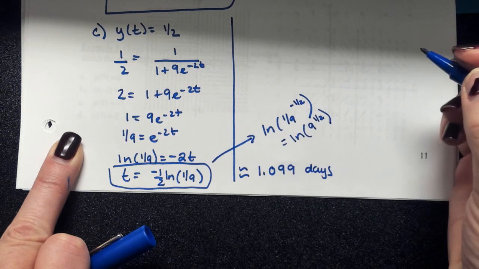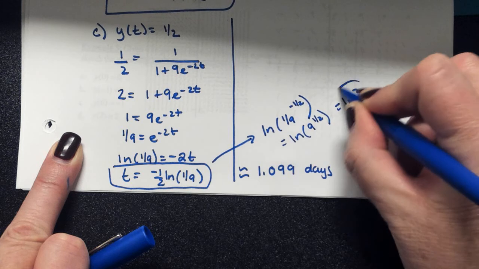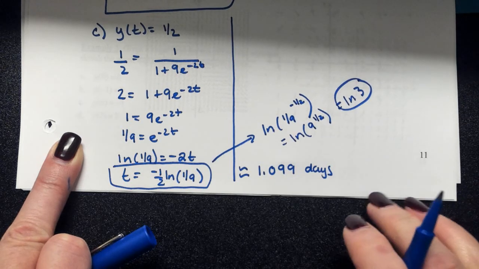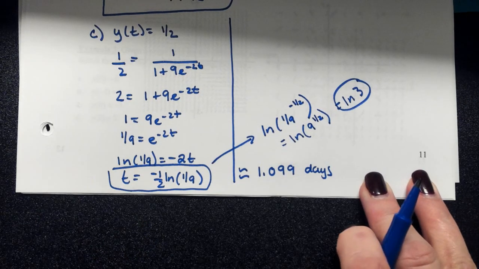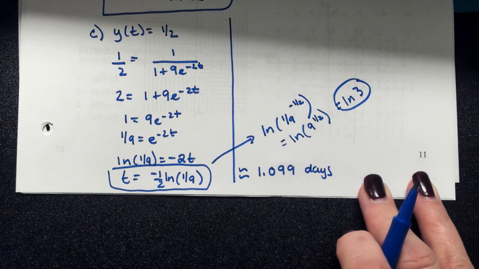And what is 9 to the 1/2? 3. So you would probably see this answer on a multiple choice test. So be careful when you're dealing with these ln questions. A lot of times they're going to use all those properties of logs to simplify. All right? So any questions on that? All right.